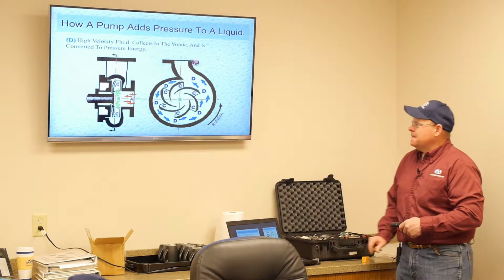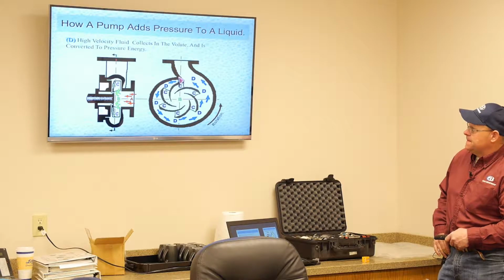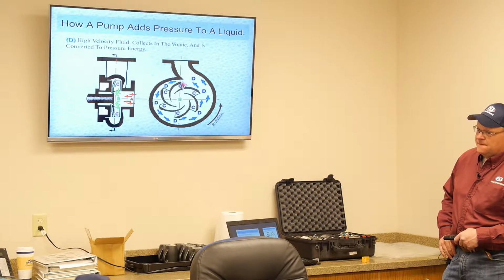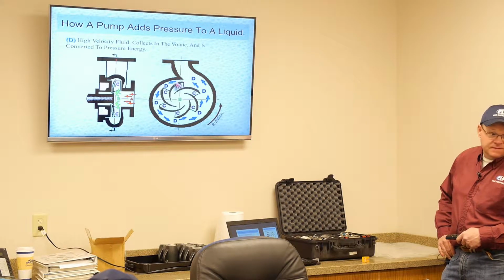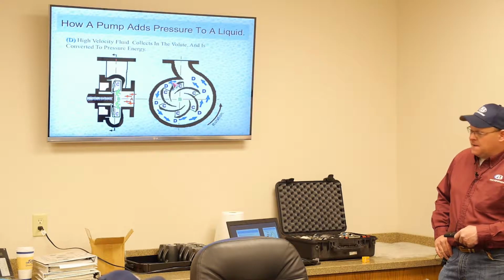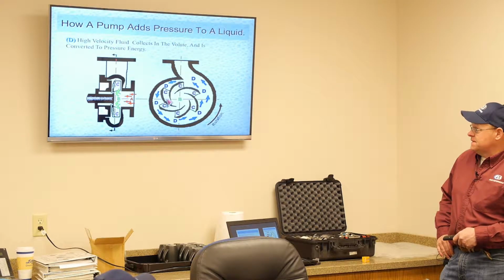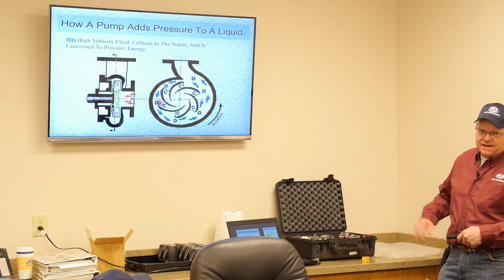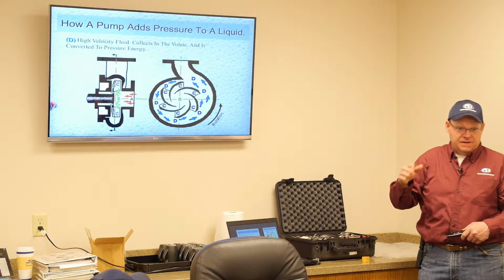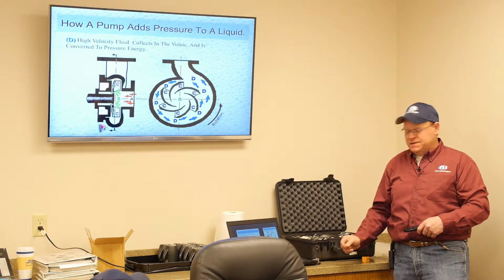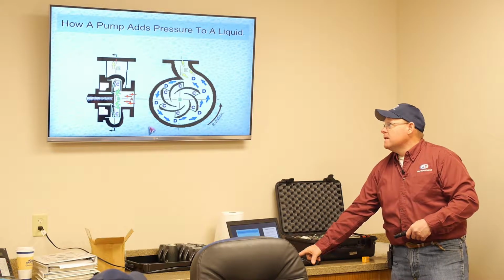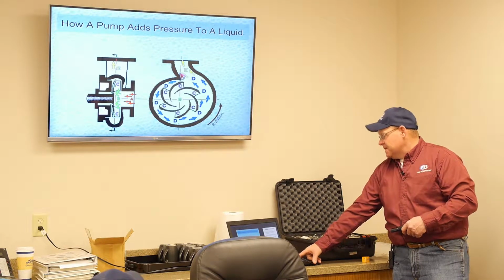Once that opens up, your clearances change, and the fluid can go back around in a circle, so flow and pressure is going to be depleted on out the discharge.